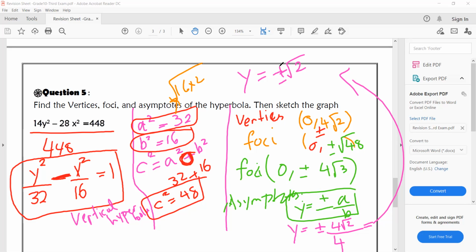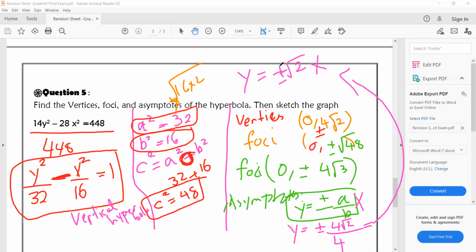Is it y equals square root of 2x, or y equals square root of 2? Like, is there an x in the equation of the asymptote? Okay, you mean here I have to write the square root of a over b times x. Thank you. I understood now. I forgot to write x. Positive negative square root of 2x. This will be now the asymptotes of the hyperbola.